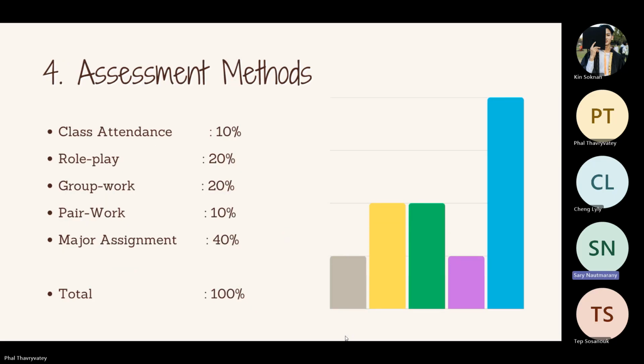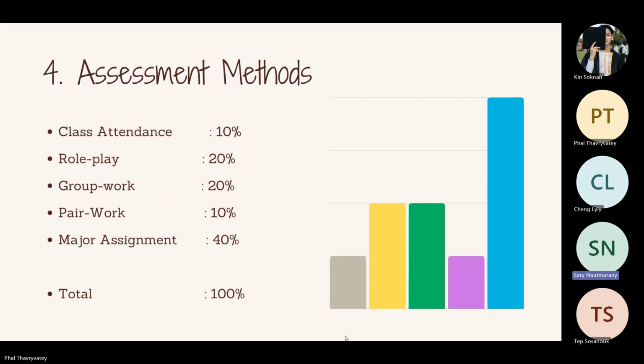Beside that, can you move to the next slide? Thank you. We come to our assessment method. We involve class attendance, which you can see here counts for 10% of the total scores. Role play counts for 20%, group work 20%, pair work 10%, and also the major assignment 40%.